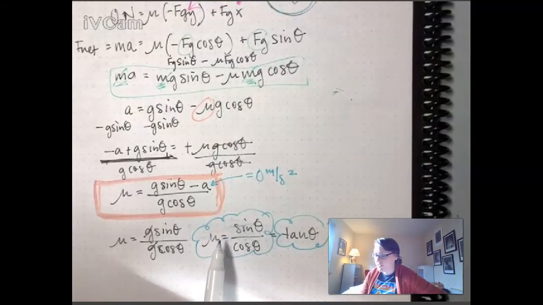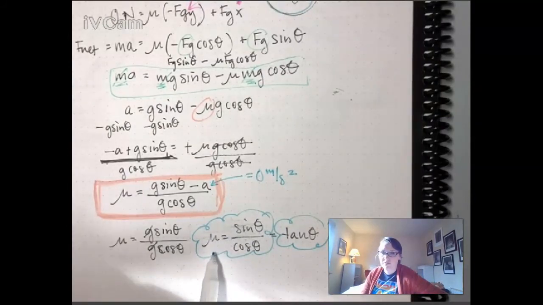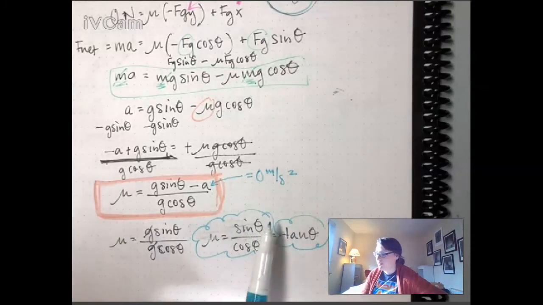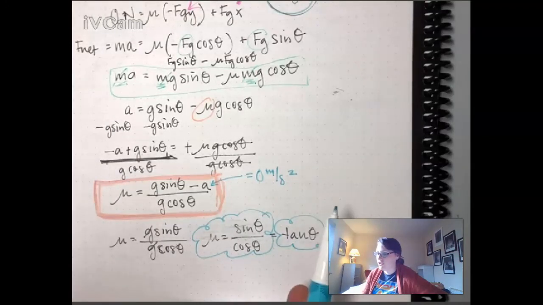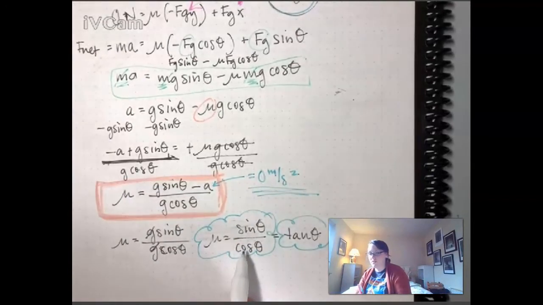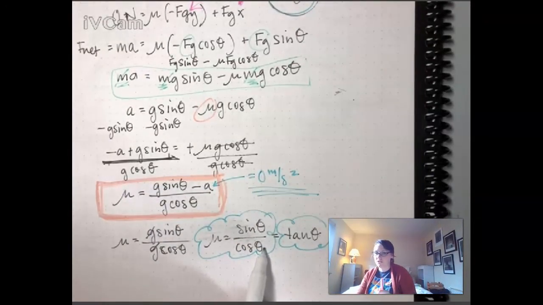What this equation says is how much friction there is. You want to measure the friction in your situation. It depends on the angle. It doesn't depend on the mass. It depends on the angle. And we know that to be true. Your job is to achieve the 0 acceleration. That's how you get to use this simple math relationship.